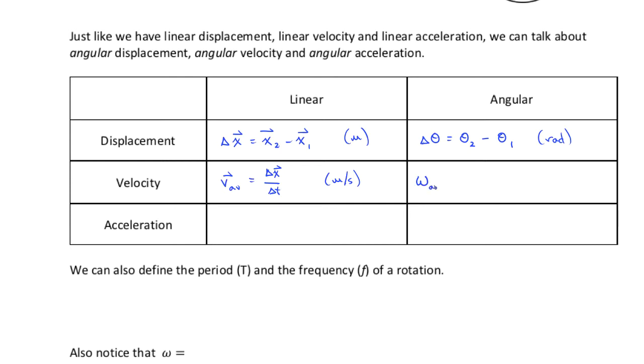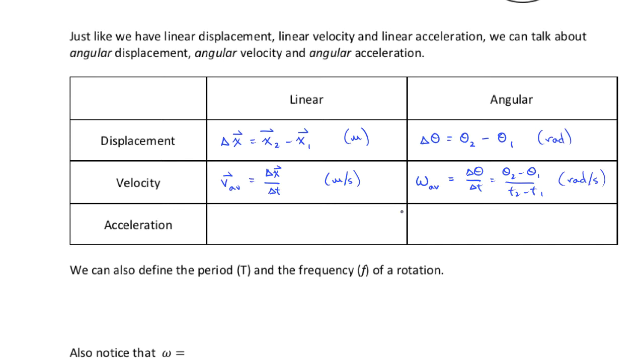So if I put the average there, I've got average angular velocity, or this could be average angular speed if I ignore the direction, and that's equal to delta theta over delta t, or theta 2 minus theta 1 over time 2 minus time 1. Units of the numerator are radians, denominator seconds, so this is in radians per second. So the average angular velocity is telling me how many radians am I sweeping out per second as I rotate around that circle.